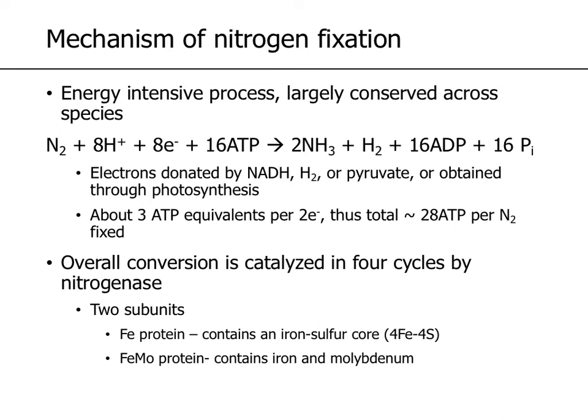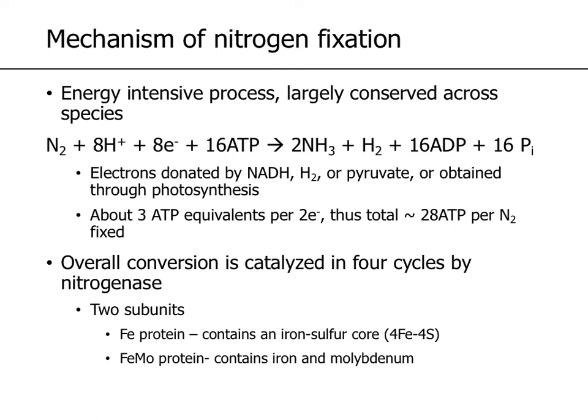So the mechanism of nitrogen fixation is hugely energy intensive. And for the species that can do this, it's largely conserved. So here we have N2 going to ammonia, but you can see besides just 16 ATP, we also have electrons, right?